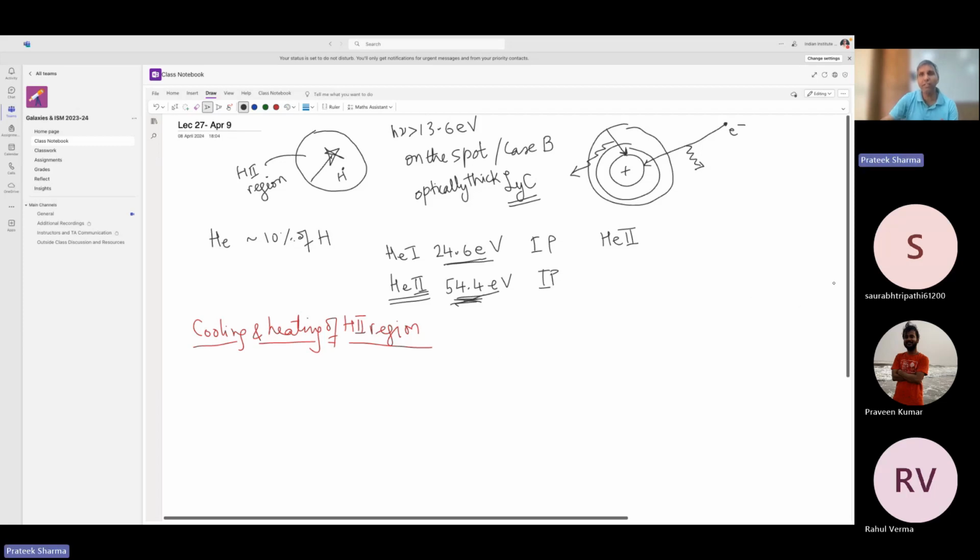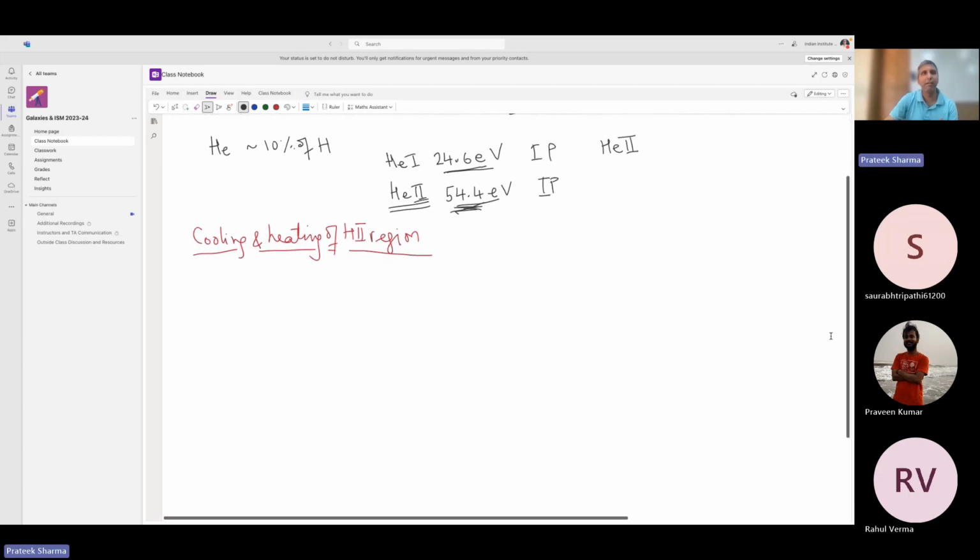So the temperature of H2 regions is close to 10 to the 4 Kelvin, which we have already mentioned. But the exact temperature, whether it's 5,000 Kelvin or 20,000 Kelvin, depends on the balance between cooling processes and heating processes, basically thermal equilibrium. So let's look at X plus R plus h nu. This is basically photoionization, giving X plus R plus 1 plus an electron with kinetic energy.